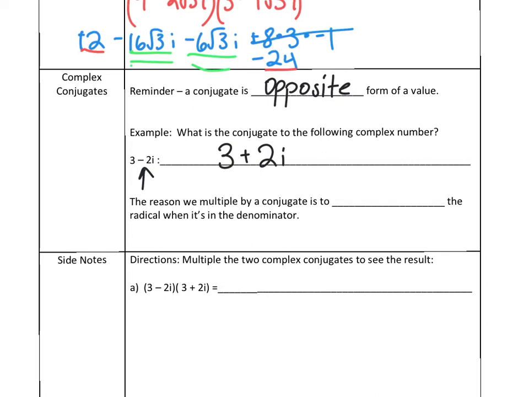We all remember those? Same thing as when we dealt with radicals, okay? Just changing the sign in between. The reason that we multiply by a conjugate is just to get rid of the radical if it's in the denominator, or just to kill that radical. We cannot have a radical in the denominator.